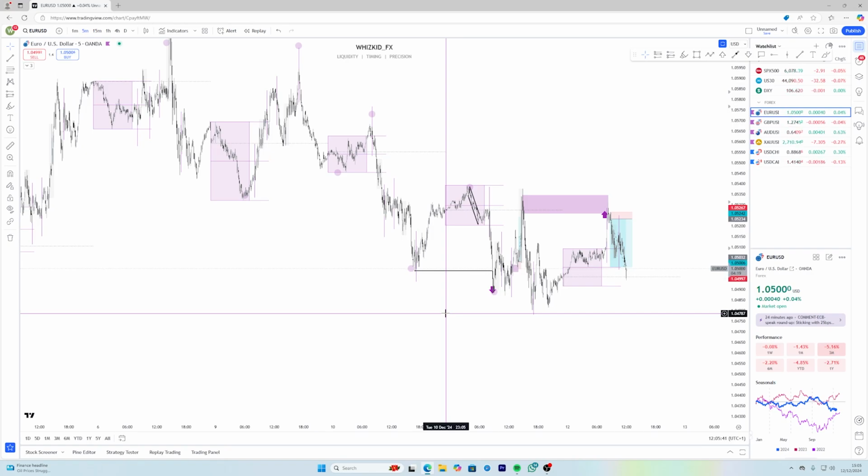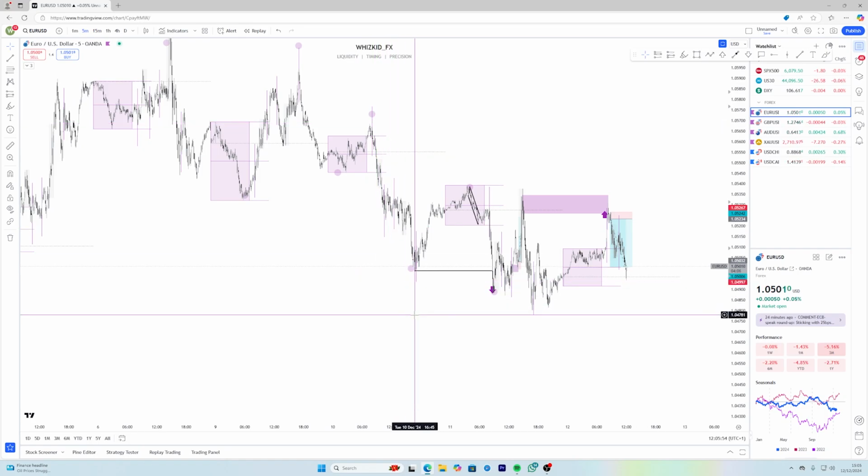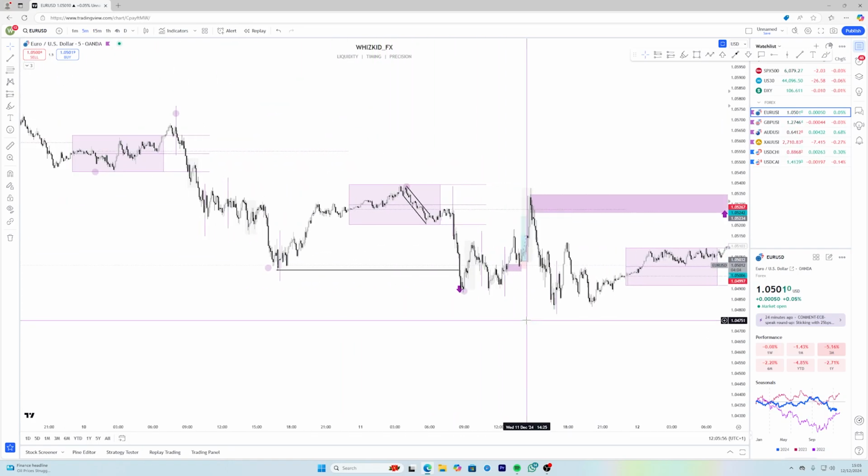Forget who tells you that you don't need to follow the structure. It's not that you don't need to follow it, but you need to understand how to use the retail structure to your advantage. All right.